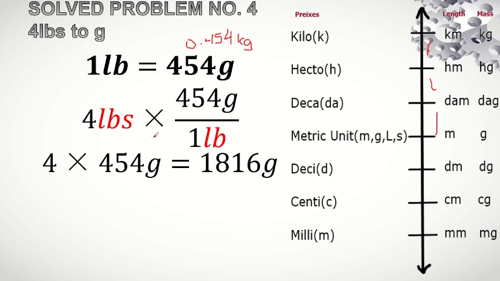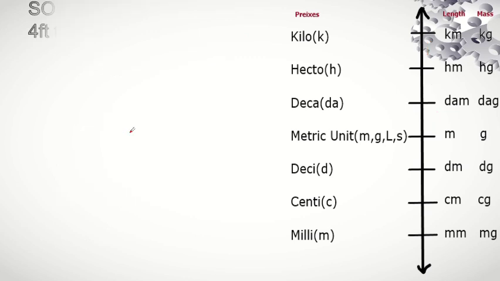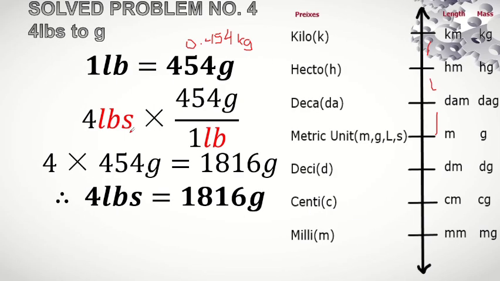Let's say, if you're going to find the value of x in implicit equation, how are you going to cancel the values of y in terms of x? Diba? Ganun lang din dito. How are you going to cancel the lbs in terms of grams? I hope you get my point, or I hope you visualize what I'm talking about here. So now, in 4 lbs, we have 1,816 grams.